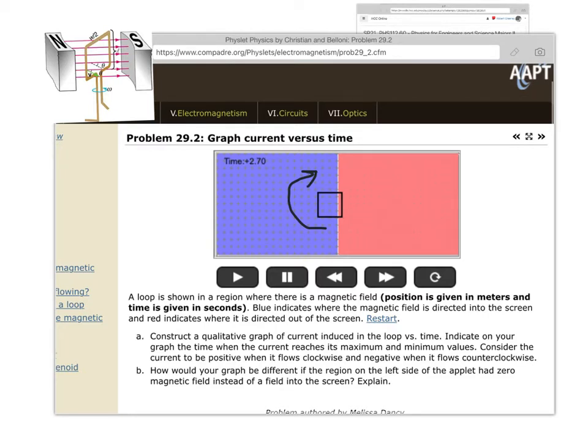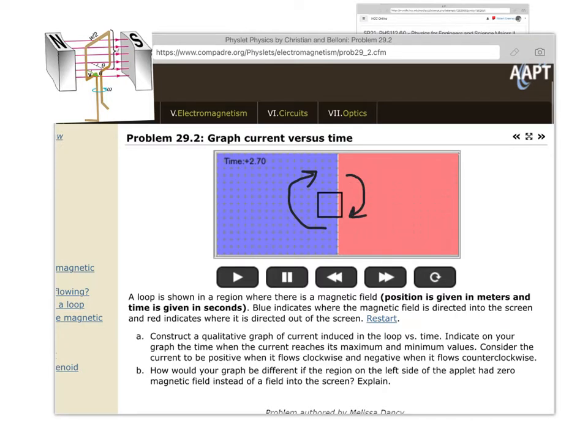And here you're gaining flux on the right-hand end. So you want to induce a current and a field to oppose that increase. Oh good, that's in the same direction, right, using right hand.